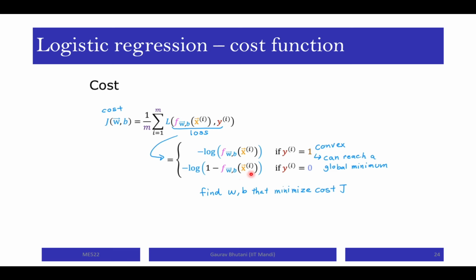This is typically called binary cross entropy. There's a lot of discussion you can read on this choice of cost function, because it results in a convex cost function. Convex means that it has a nice global pit at the bottom, so the function looks very nice when you plot it.